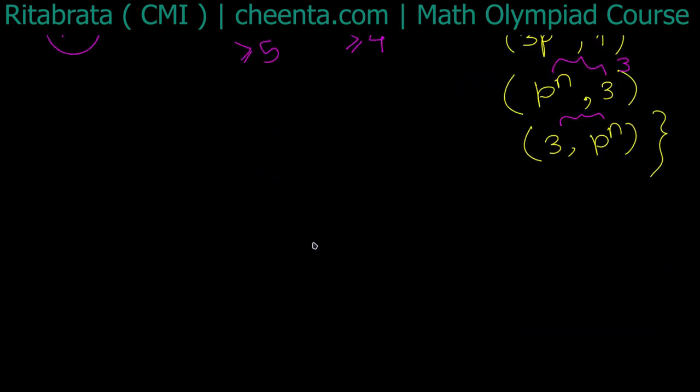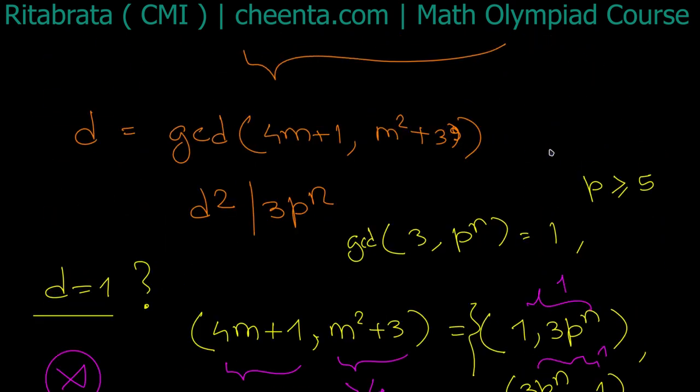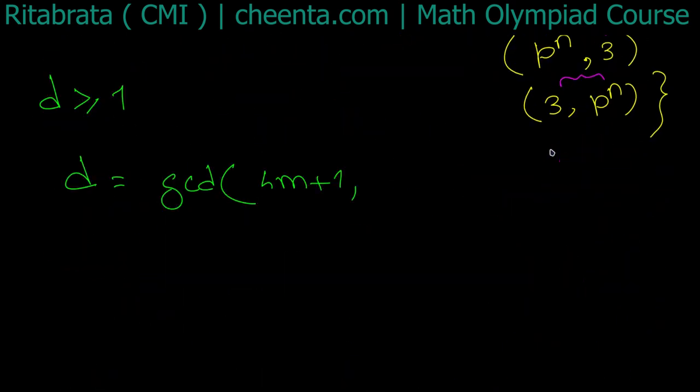So I have that the GCD must be greater than 1. Now d is my GCD of 4m plus 1 and m square plus 3. Now as 4m plus 1 is odd, it is coprime to any power of 2.